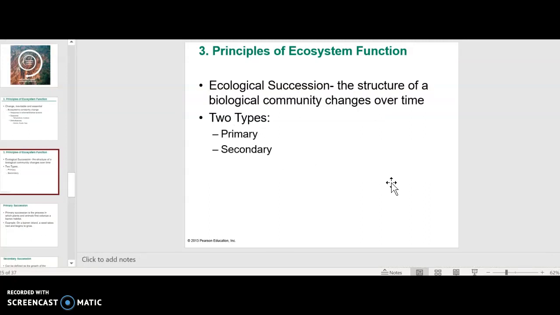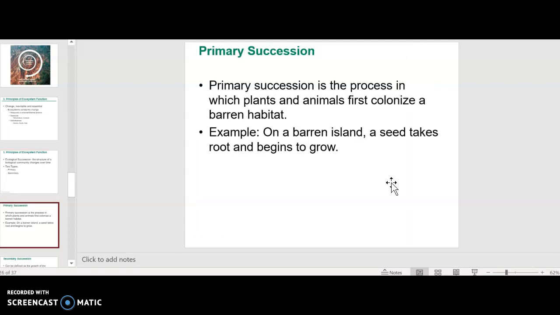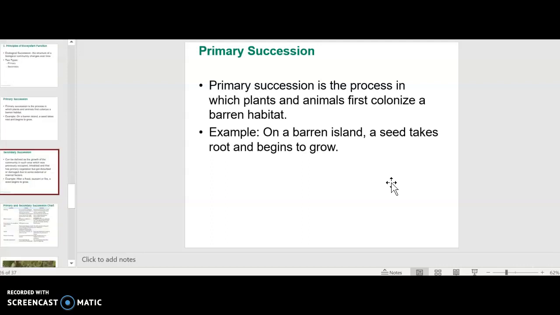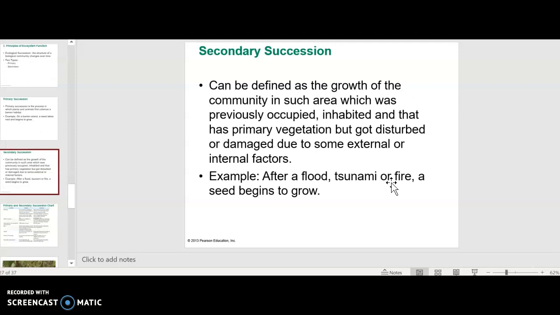Primary succession is the process in which plants and animals first colonize a barren habitat. On a barren island, a seed takes root and begins to grow. Secondary succession, on the other hand, is growth in a community, such as an area which was previously occupied and inhabited, that has primary vegetation but got disturbed or damaged.